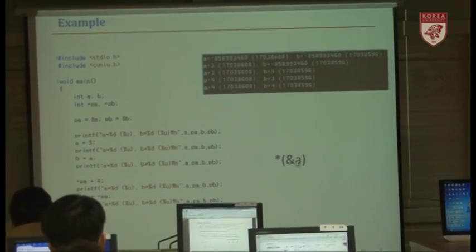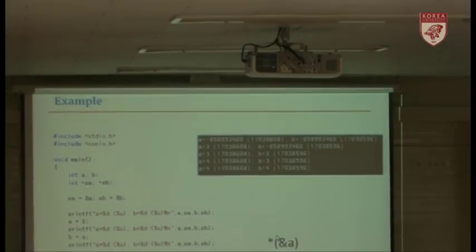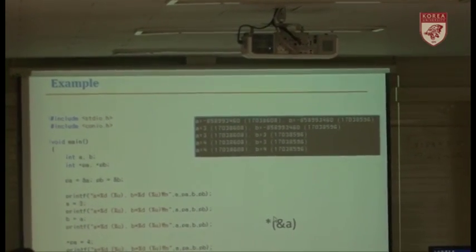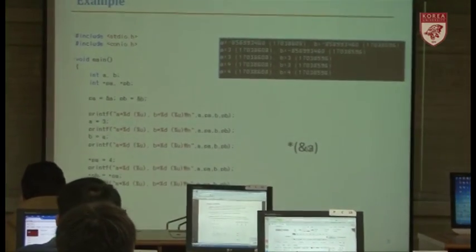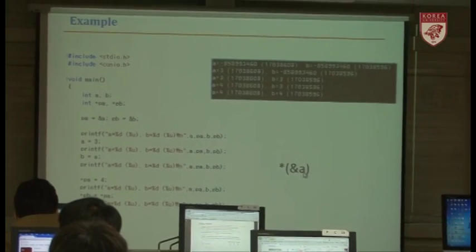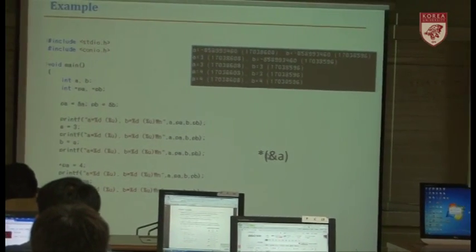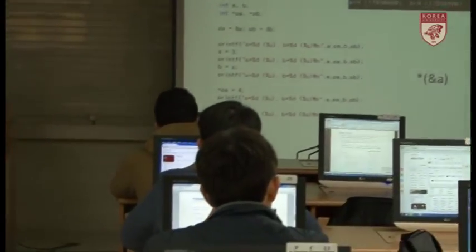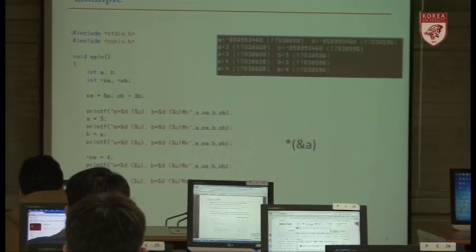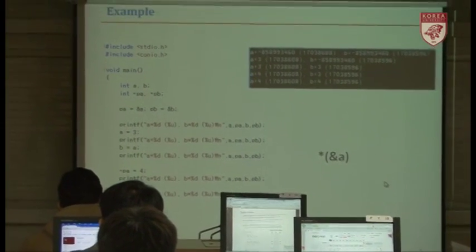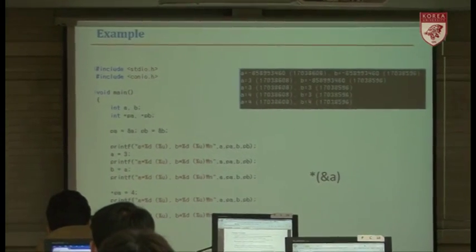So actually these two operators are complementary. Again, & a is the memory address of a, and * means the value at that memory address. So *&a means it's a, just a, right?